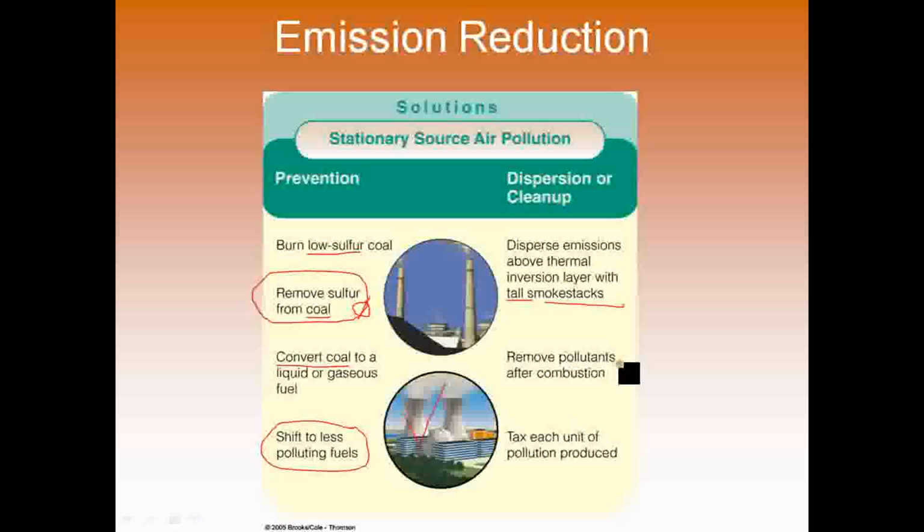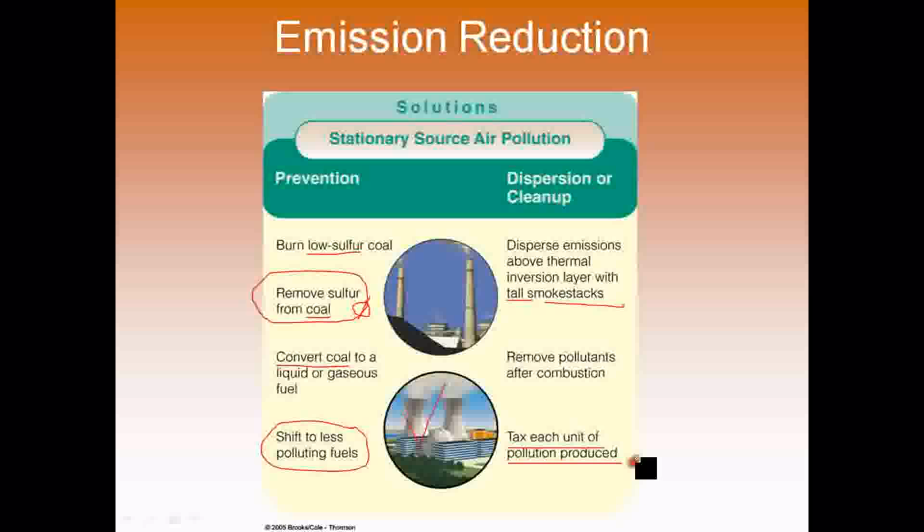We can try removing the pollutants after we burn the substance, whatever it is, coal. But that's very tricky, and our technology hasn't changed much over the last 30 years or so. We have the baghouse filters, electrostatic precipitators, and the scrubbers. And here's that tax on each unit of pollution produced.